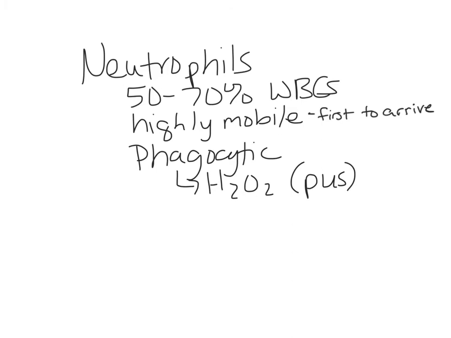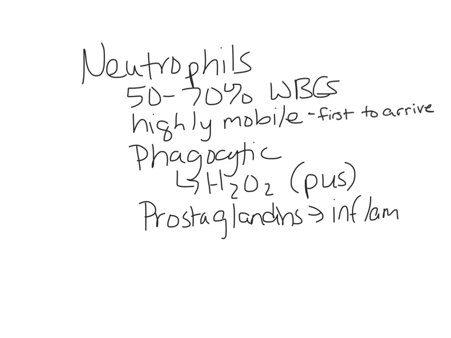Neutrophils release things called prostaglandins. Again, in the immune system, we're going to talk more about prostaglandins, but prostaglandins cause inflammation. Neutrophils also release what are called leukotrienes, and again, we're going to talk more about those as well in the immune system.